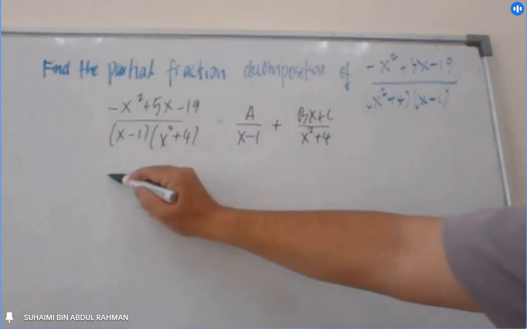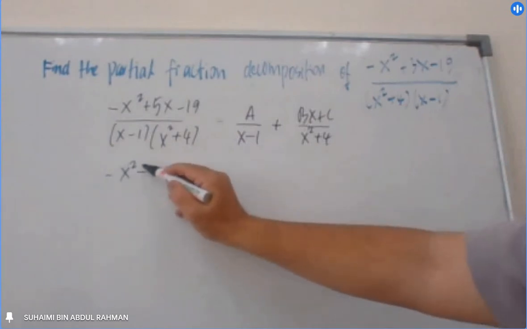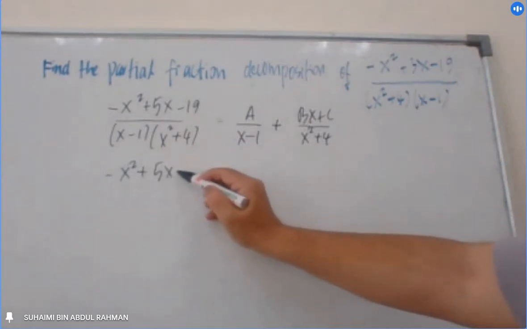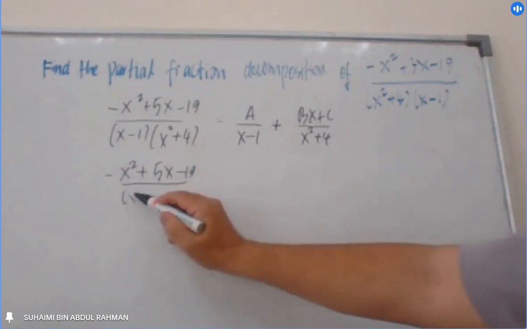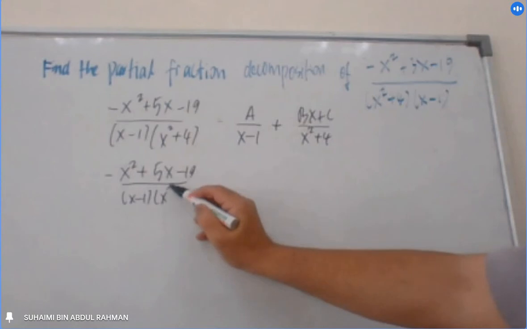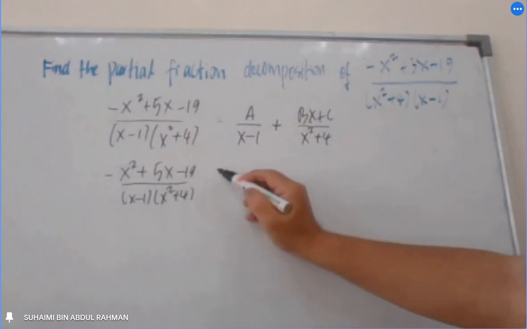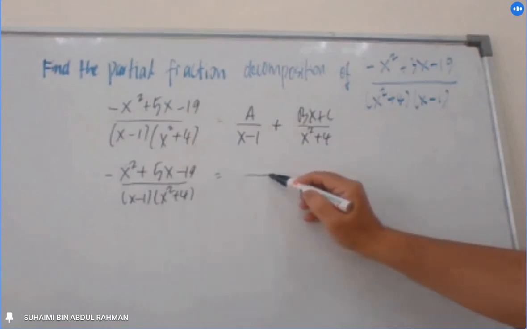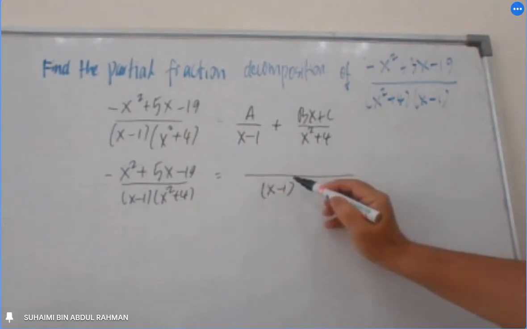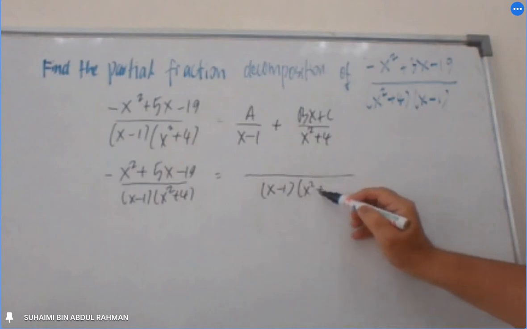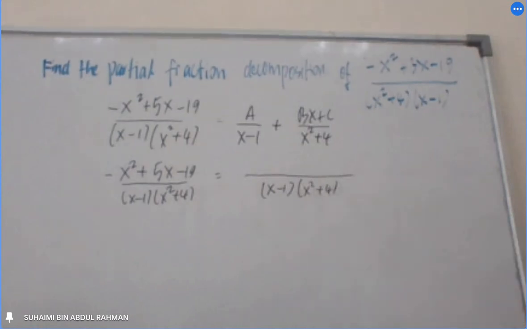So minus x squared plus 5x minus 19 over x minus 1, x squared plus 4. And now we want to make the same denominator.